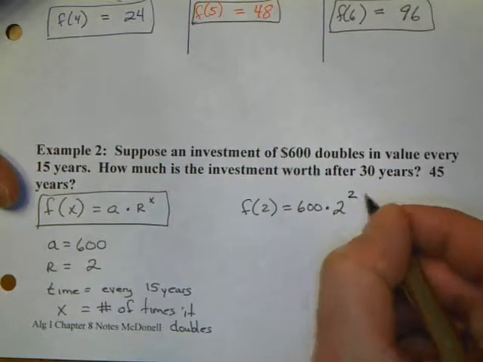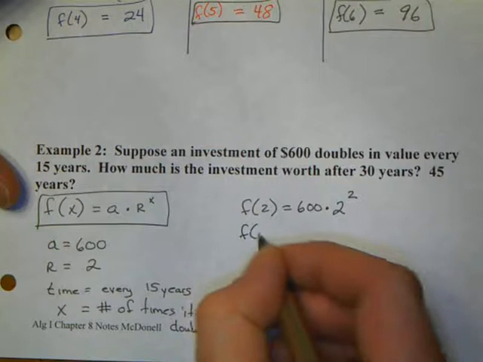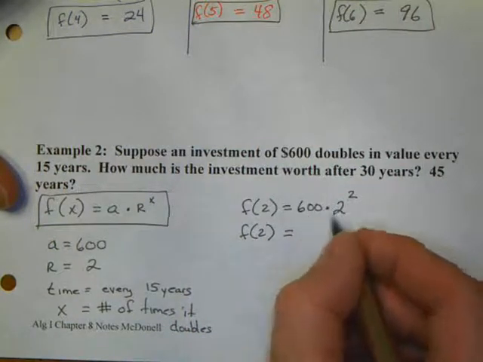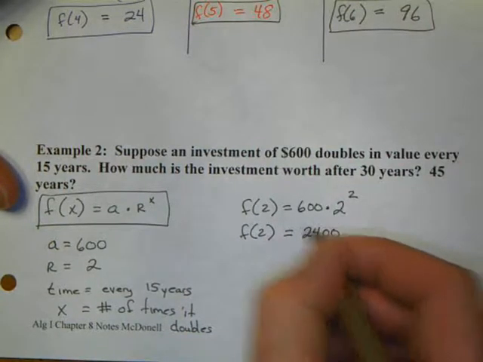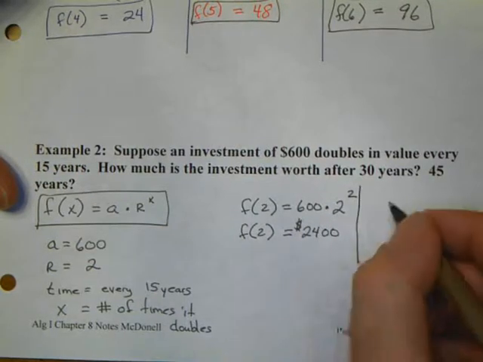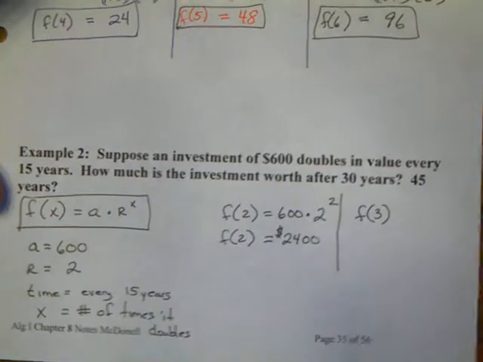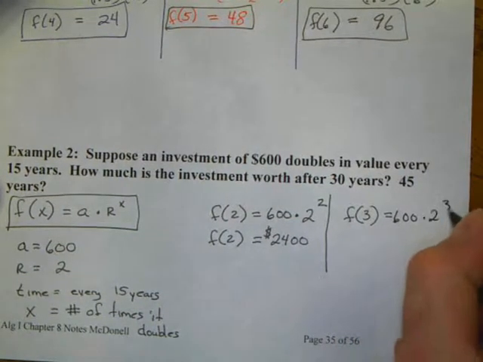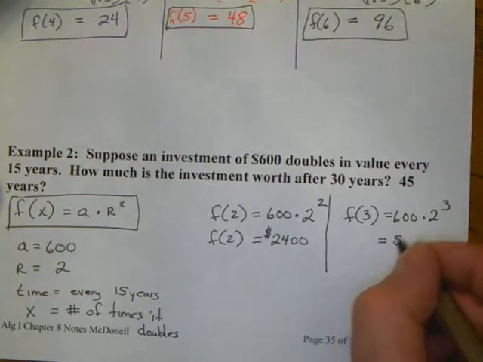After 30 years, it's doubled twice, once at 15 years and once at 30 years. So f of 2 equals 600 times our multiplier raised to the second doubler. Wow. After 30 years, we have 600 times 4, or $2,400.